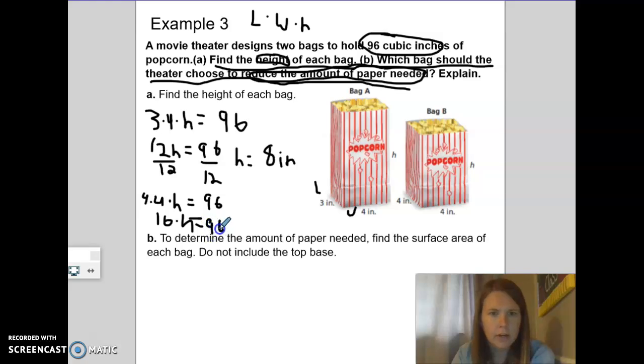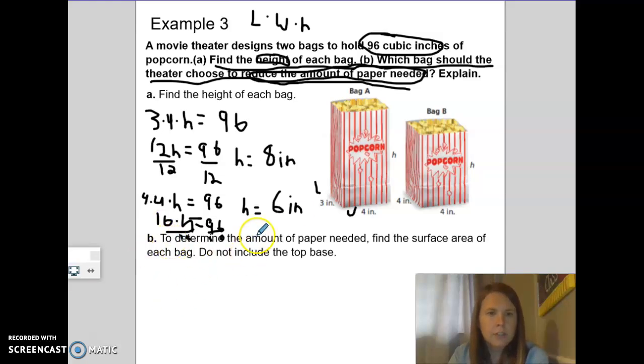Sorry, it's a little hard to write on here with this pen, so sometimes I write ahead of time, and sometimes I just write along with you. I need to divide each side by that 16. I'm going to try and make it a little small so we can read this later. So my height is going to be 96 divided by 16, which is a height of 6 inches.